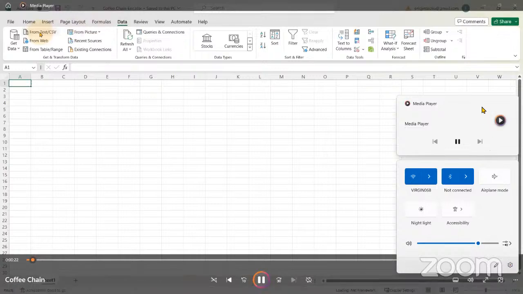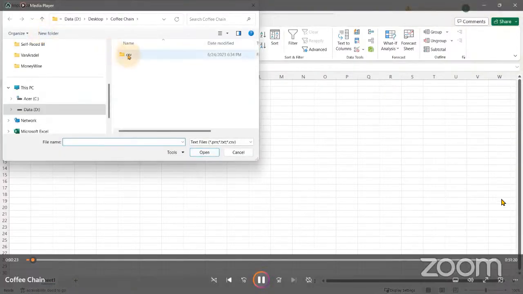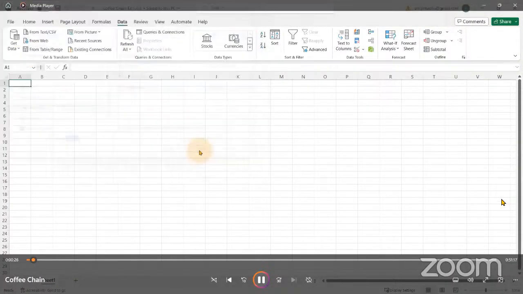Get data from CSV. Import product table.